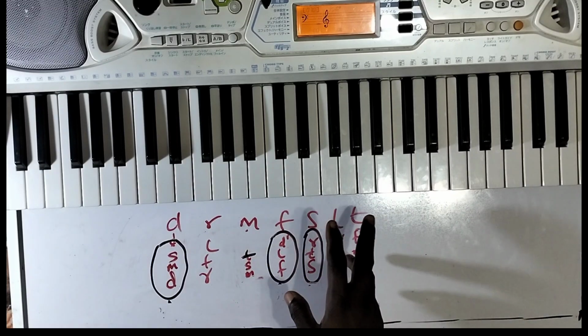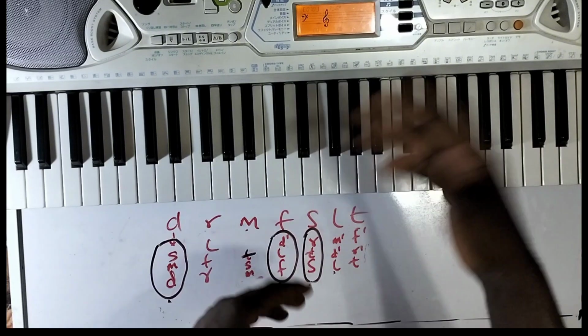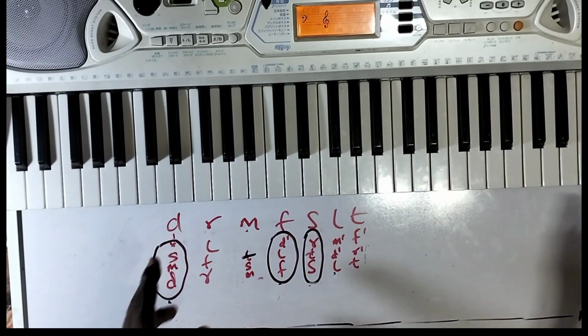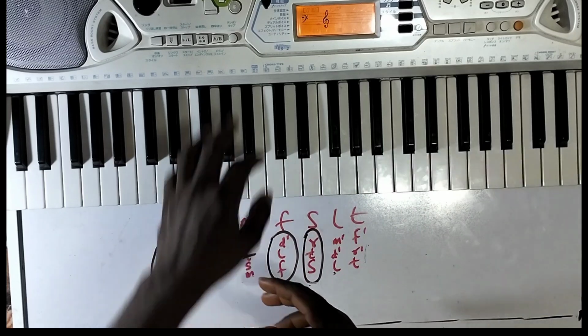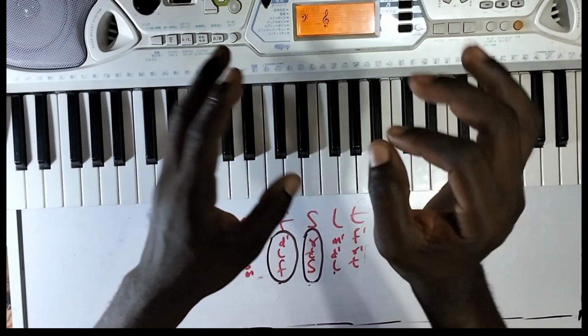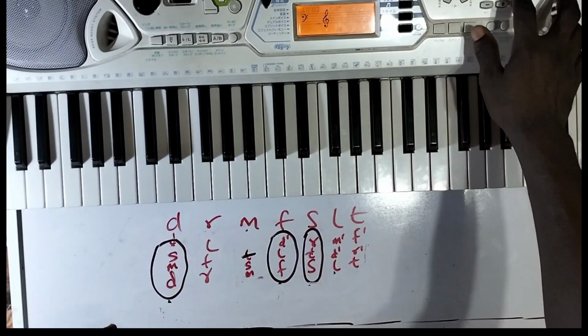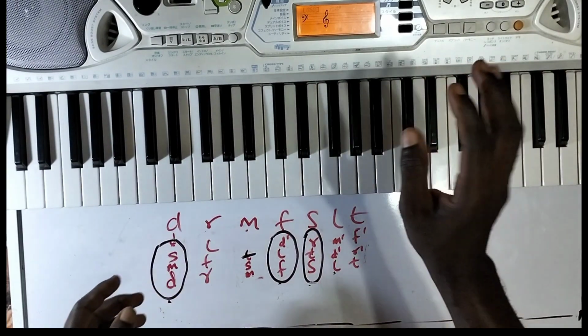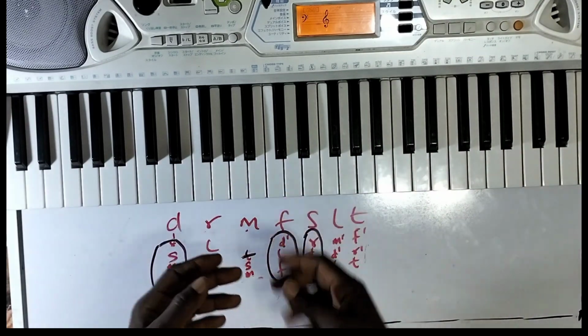So what happened is that if this tempo is high for you, you slow down, you put a lower timing or metronome. You can use also your metronome to practice. This is 70, you can slow down to 60. Then when you finish practicing it, you can speed it up.